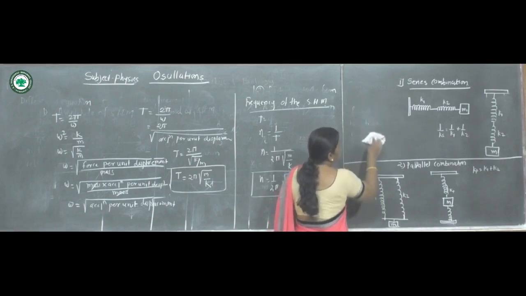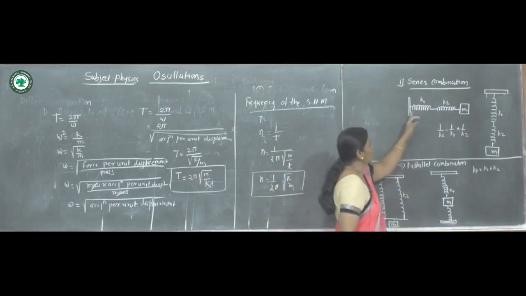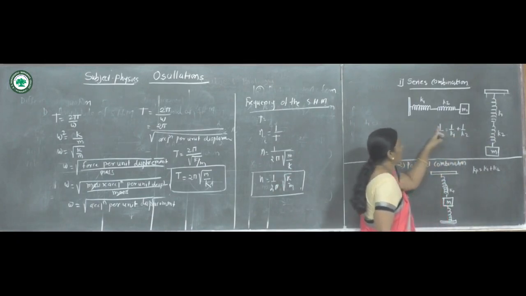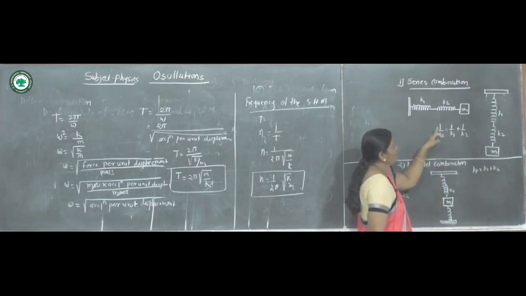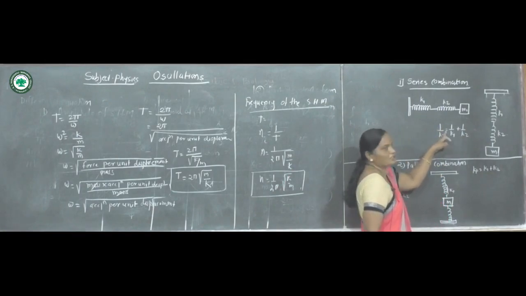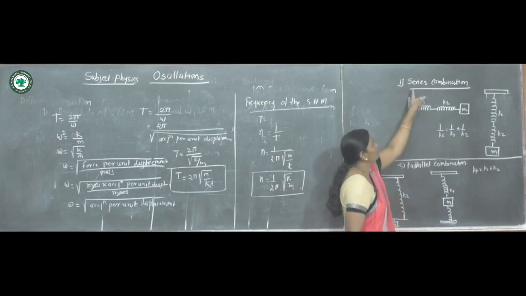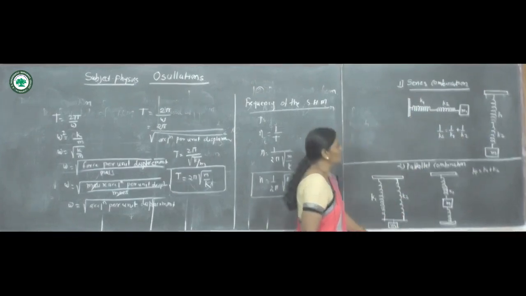Simplifying the equation, the series combination is 1 upon Ks is equal to 1 upon K1 plus 1 upon K2. It gives the series combination of force constants.